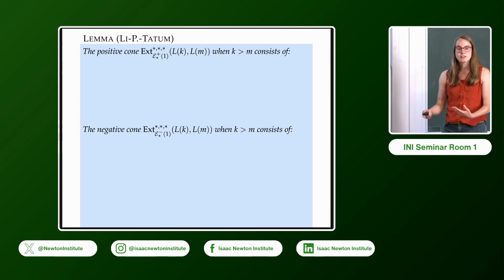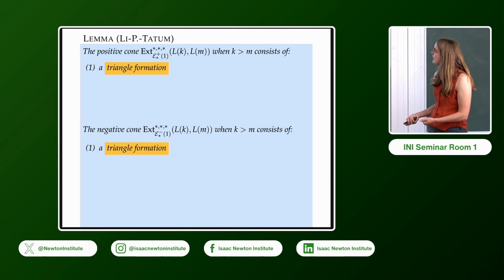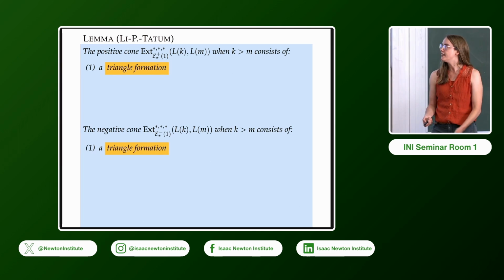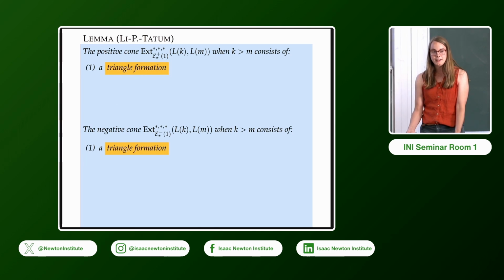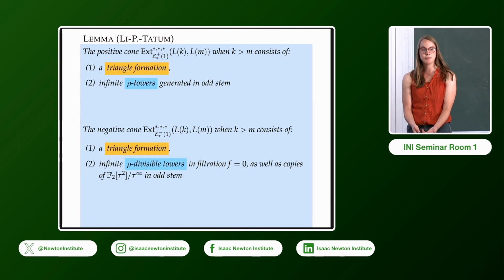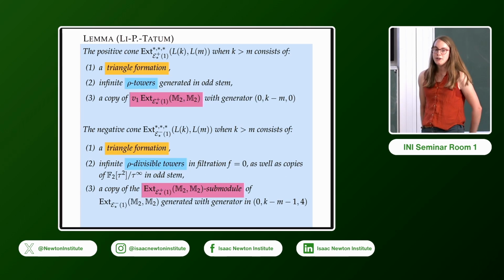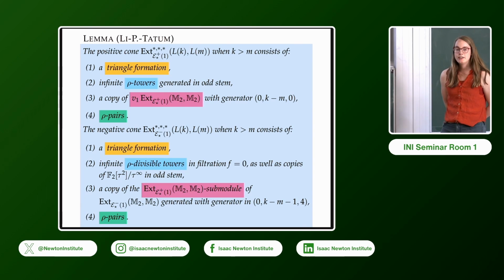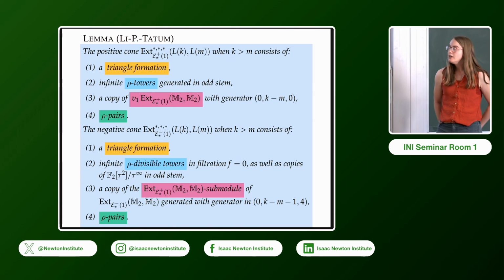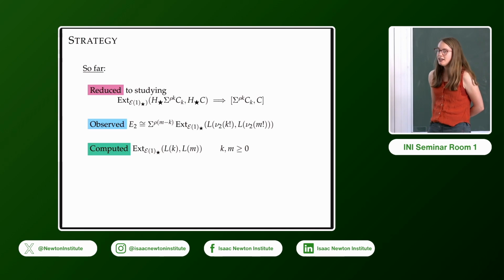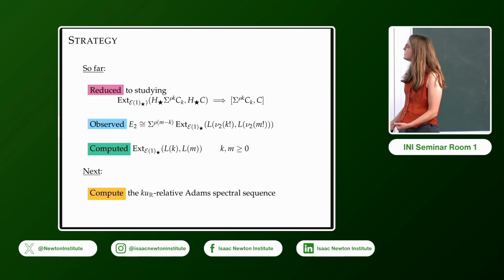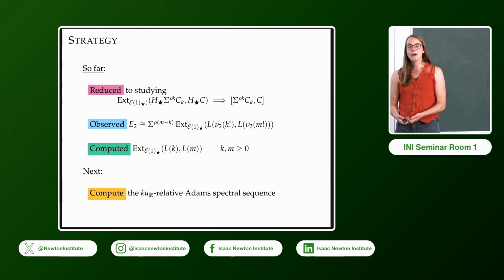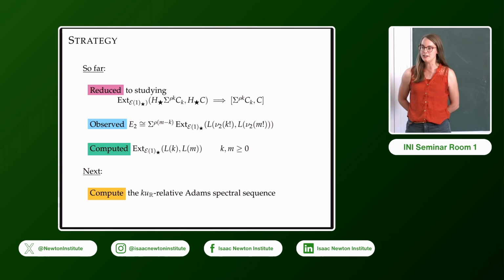And in our paper, we describe this more explicitly, but in general, what these X groups look like when k is specifically larger than m is you have a triangle formation portion, you have these row divisible or row towers, you also have this copy of x over e of 1, and the row pairs. So this puts us in good shape to then actually compute the KUR relative atom spectral sequence that we're interested in, because we now have all of the information that's on the E2 page.